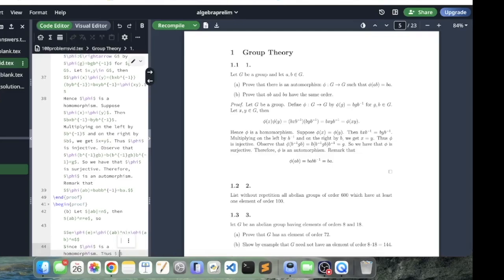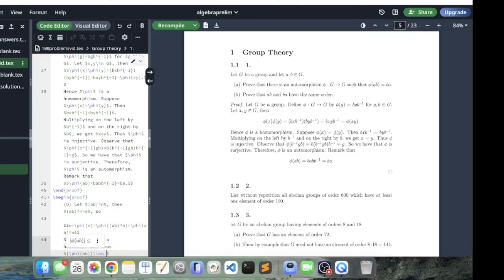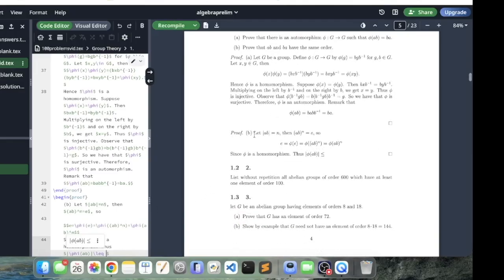Thus, the order of phi of AB is less than or equal to, let's see, let me compile. Haven't compiled in a while. Okay, so we said that the order of AB was n, so we get this. So the order of phi of AB is less than or equal to n, which is just the order of AB.